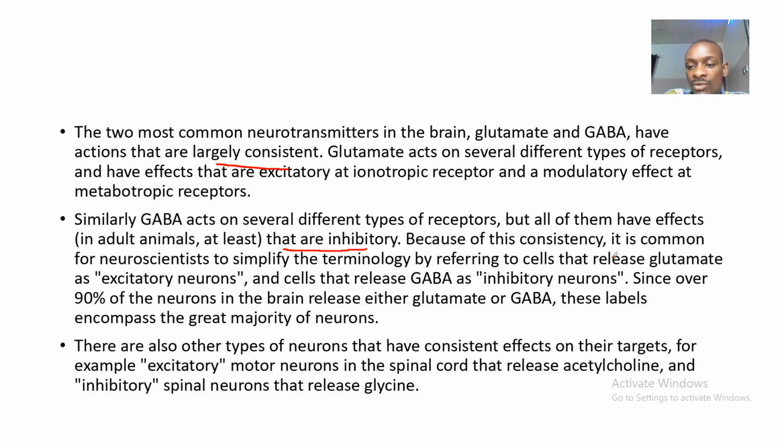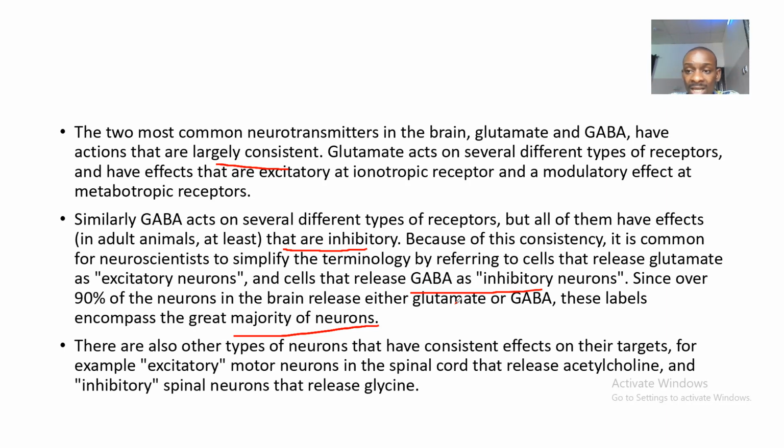Because of this consistency, it is common for neuroscientists to simplify the terminology by referring to cells that release glutamate as excitatory neurons, and cells that release GABA as inhibitory neurons. Since over 90% of the neurons in the brain release either glutamate or GABA, this label encompasses the great majority of neurons.